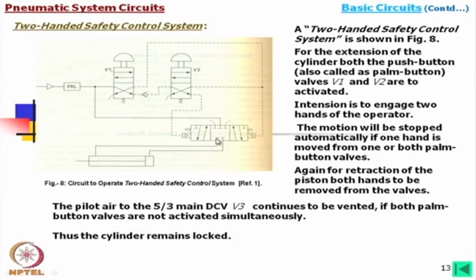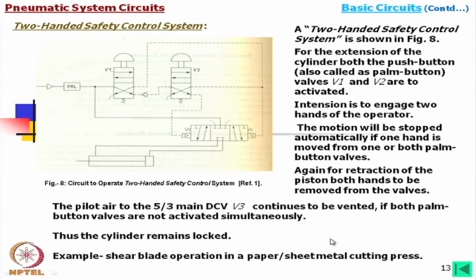In this position you will find that the air is coming and this is being vented and it remains locked in this position. This indicates that no passage is allowed in this position, no air is allowed through this passage when this is in this position.